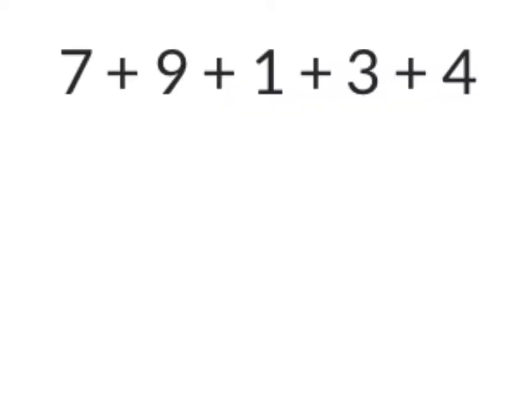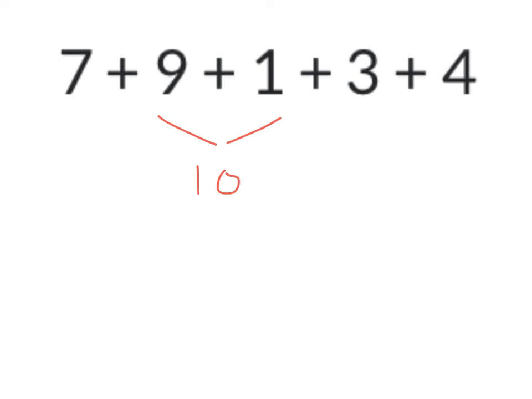Now I have this big equation, 7 plus 9 plus 1 plus 3 plus 4. I can use the associative rule to help me to work this out, because I can look for number bonds, because I know it doesn't matter which order I add these numbers in, the answer is still going to be the same. So I can put together 9 and 1 and make the number bond 10.